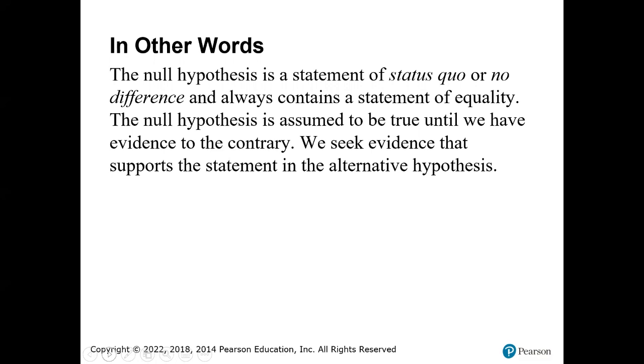So we're going to seek evidence that supports the statement in the alternative hypothesis. That's our goal. If we're thinking, hey, it's now different, or it's less than, or it's greater than, our goal is to see, do we have enough evidence to make that new claim? Because we have to go based off of our null hypothesis, which is already assumed to be true. Do we now have enough evidence to say that it isn't what it was previously thought to be true?